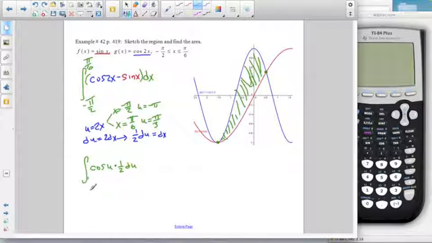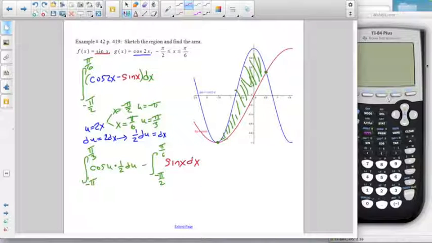So the new limits of integration become minus pi to pi over 3 for that expression. And then subtracting the other expression, minus pi over 2 to pi over 6 of sine of x dx.